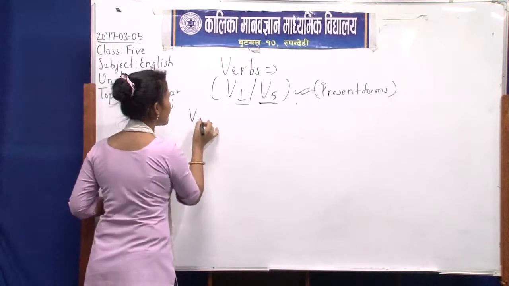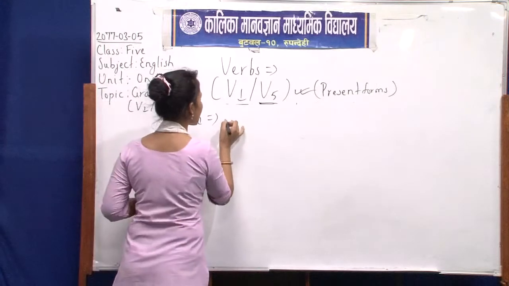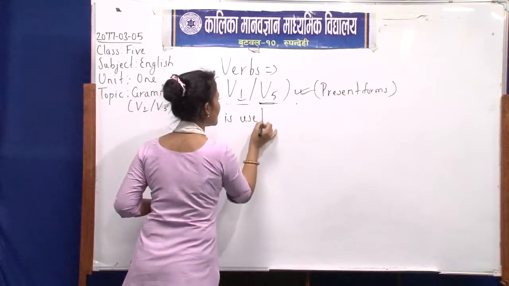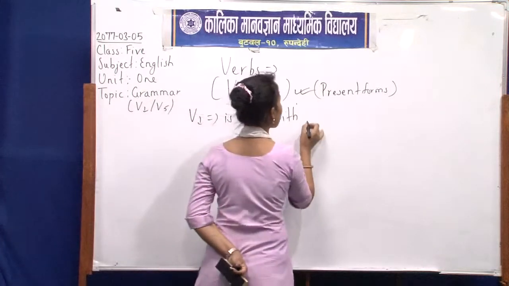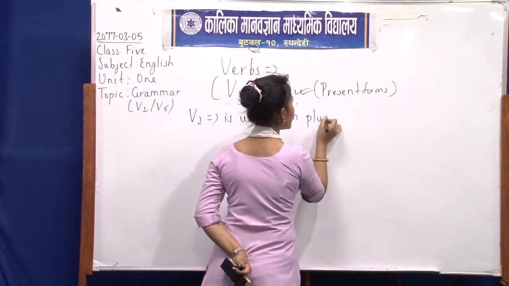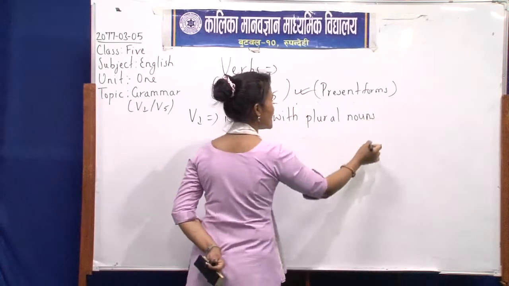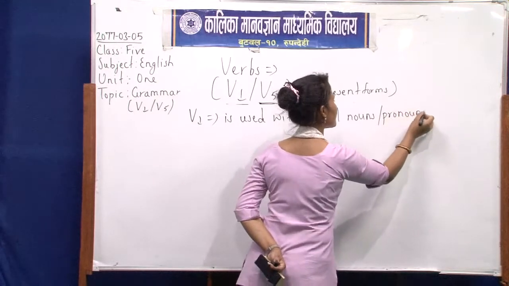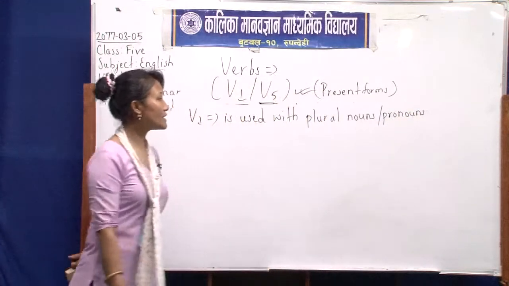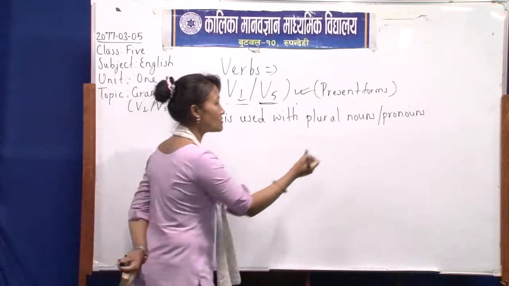Verb 1 is used with plural nouns, or we can say pronouns. Plural nouns or pronouns. At first, let's go from pronouns onward.